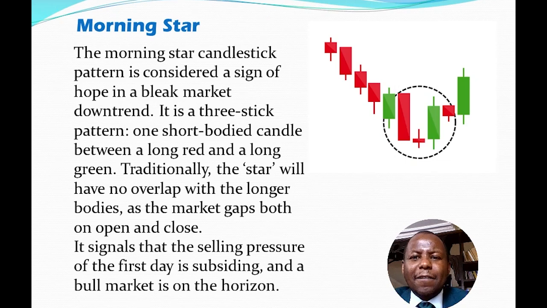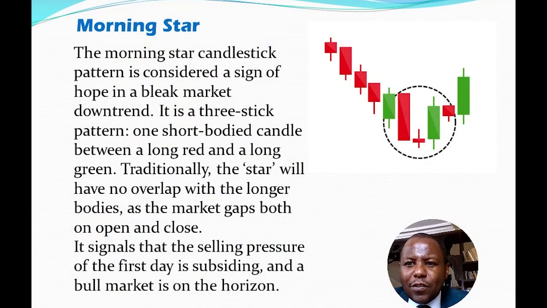We have the morning star. The morning star is a candlestick pattern which is considered a sign of hope in a bleak market downtrend. It is a three-stick pattern. Notice now we have gone to three sticks, and I hope you're seeing the trend here. We were dealing with a single candle giving us certain information.